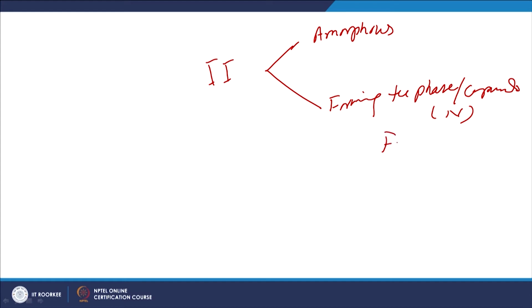Formation of iron nitride is typically achieved when nitrogen ion implantation is performed, and damaging the crystal structure helps in achieving an amorphous structure at the surface.